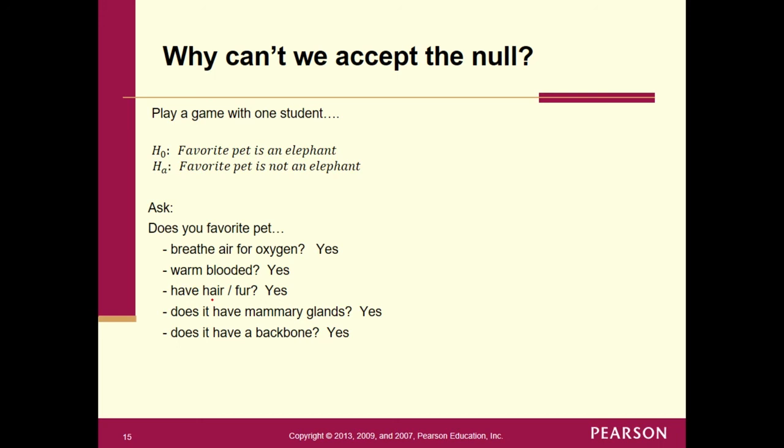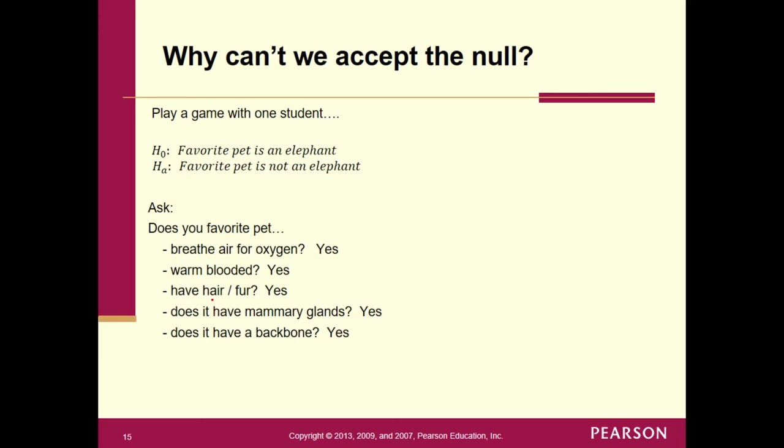Well, what's also a possibility? H sub A, that the favorite pet is not an elephant. I haven't eliminated either one. However, if I said to the student, does your favorite animal have tusks? Well, then the person is going to say, no, it doesn't have tusks.